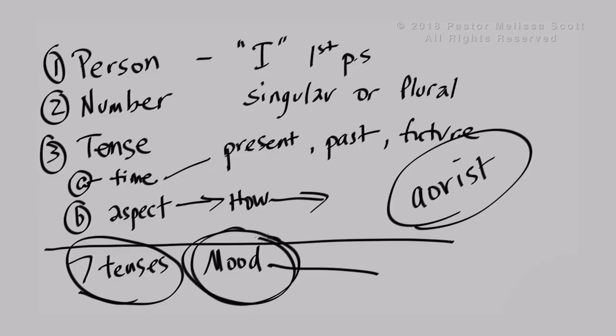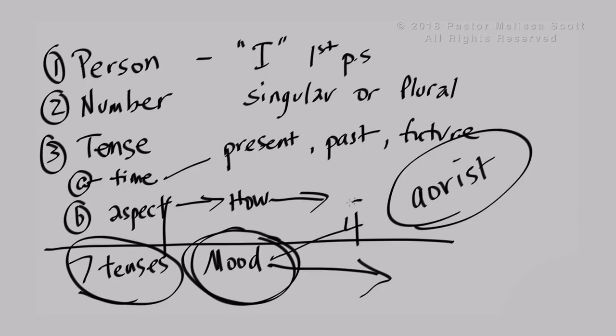All right. I don't know why I wrote this here, because we just talked about seven tenses. The moods are as follows. Mood indicates the type of statement which one is making: factual, hypothetical, wishful, commanding, etc. In the Greek, there are four moods: indicative, subjunctive, optative, and imperative.